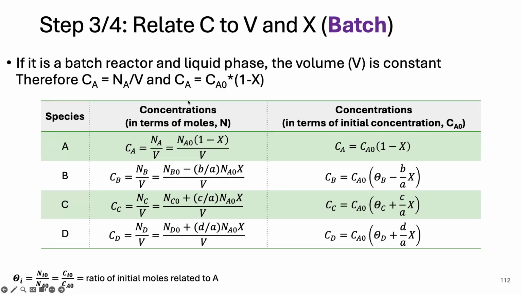And ultimately, why we're doing this is we want to be able to relate the concentrations of each of our species with respect to the conversion of our limiting species. And so now we can recast our expressions here. This one remains unchanged, but we can now rewrite equations for C B, C C, so the other reactants and products of our reaction with respect to the conversion of our limiting species.